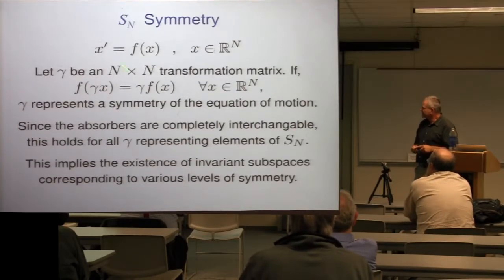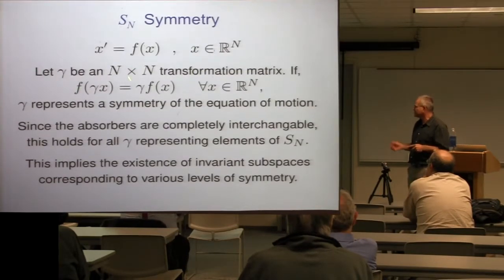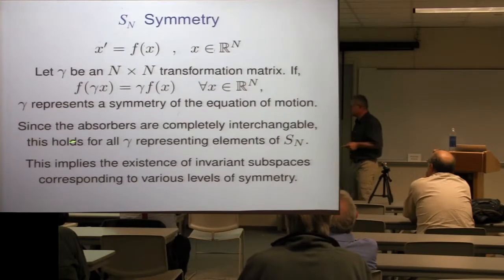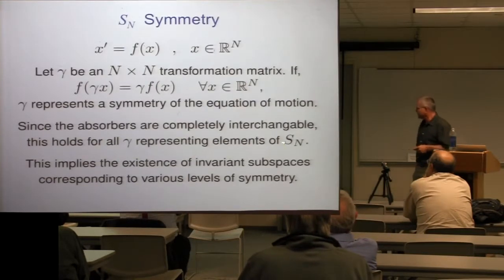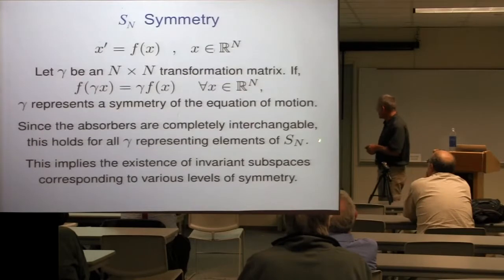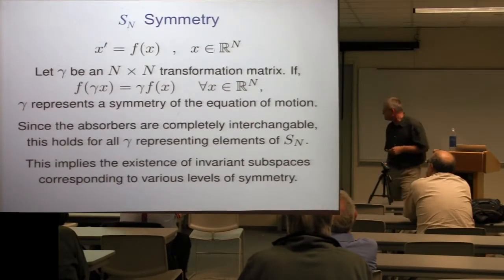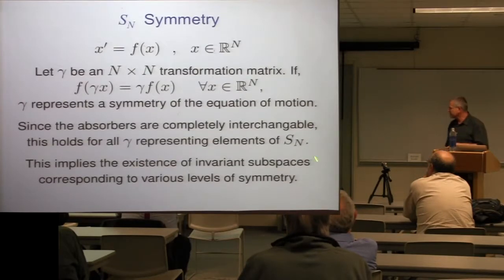Basically, our absorber equations abstractly are like this. If you have a transformation, which in our case is some kind of matrix, that satisfies this condition, then this is a symmetry of the equation of motion. In this case, the gammas are elements of this symmetry group Sn, which essentially allows all permutations. And so this imposes some.